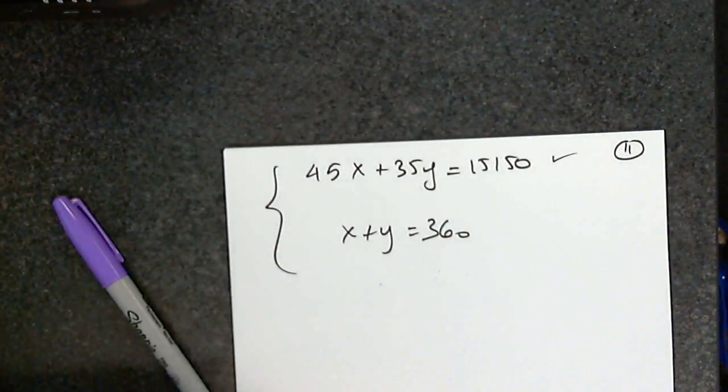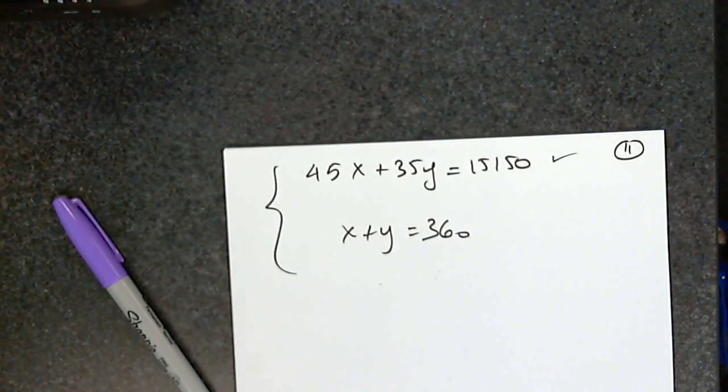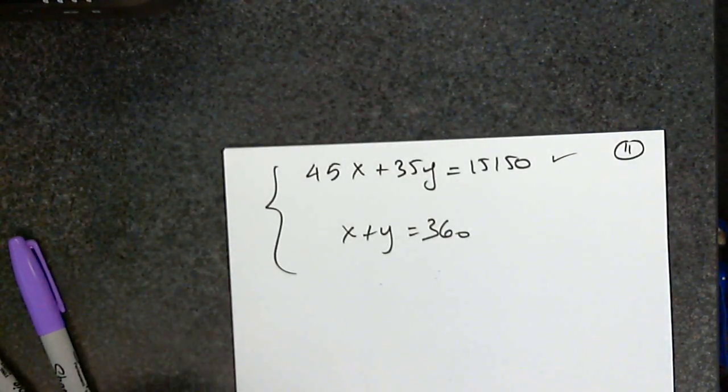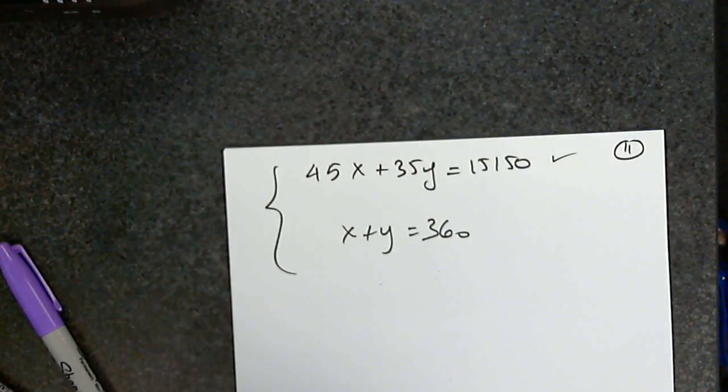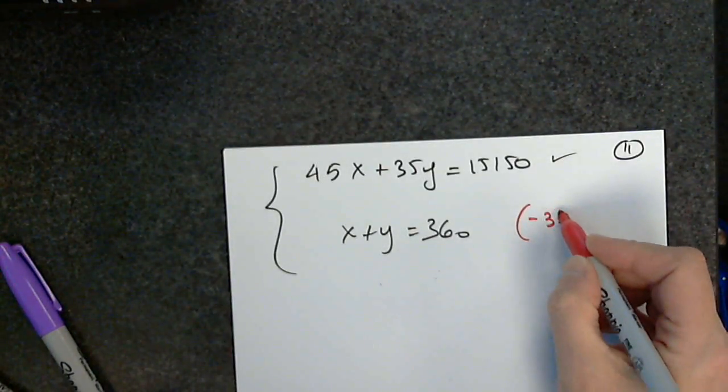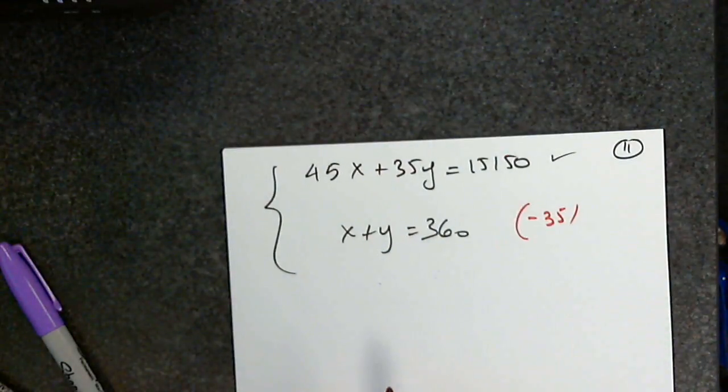That's it. How do I solve this system? It's a system of 2 linear equations in 2 variables. What will be the first step? We have several methods, right? Yes, you can use substitution, you can use elimination. I prefer multiplying the second equation by negative 35 and eliminating y.